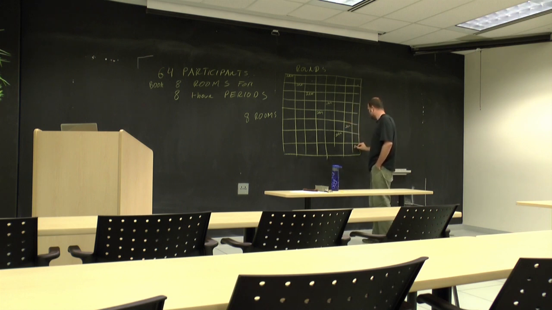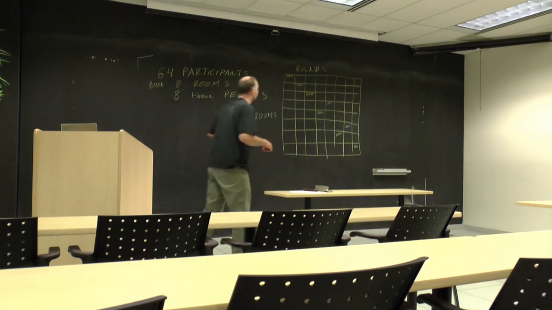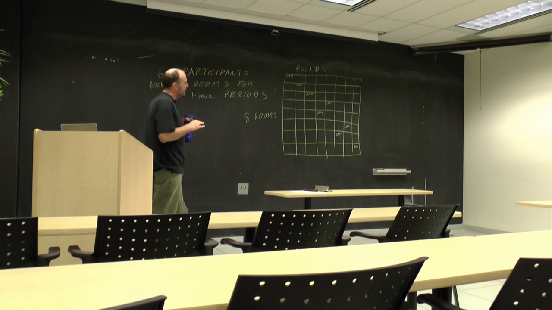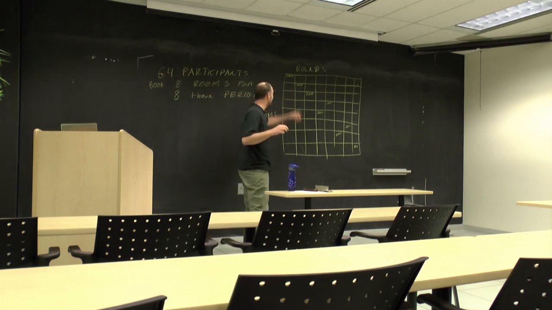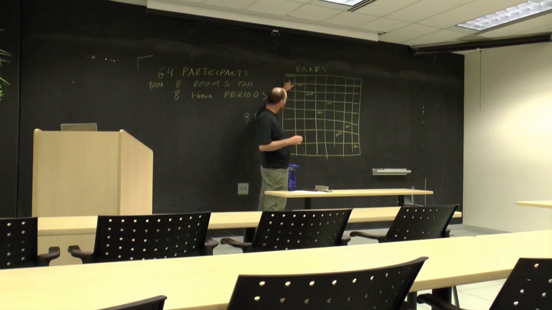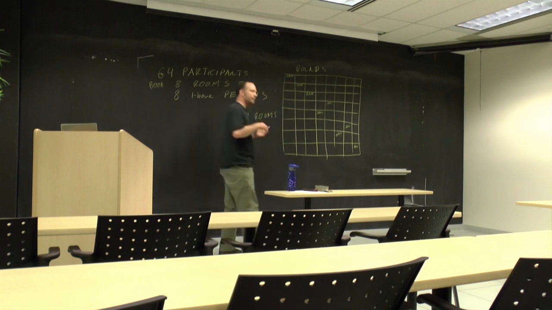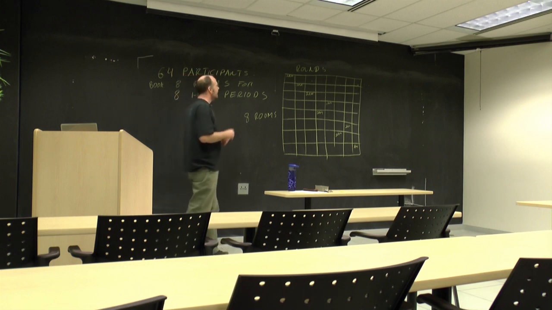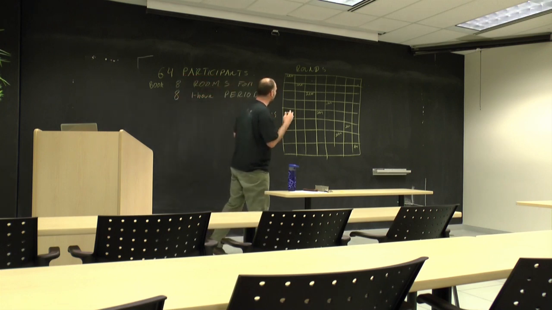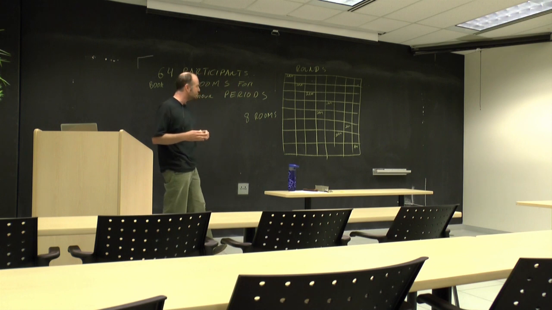Sam, Sam. And we do that for 64 people, and we have a schedule. And at the very least, no matter how we did that, as long as there were 8 people in every room, then every player would have the same number of competitors at every game. Every player or participant would play every game.